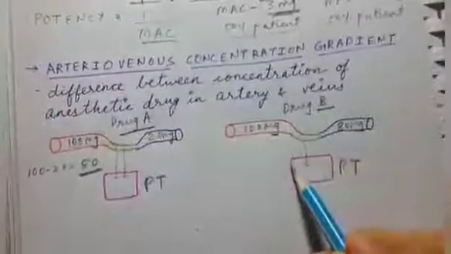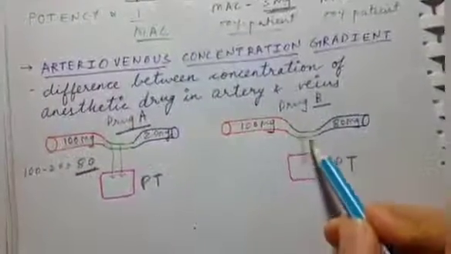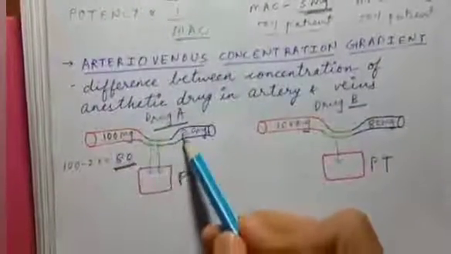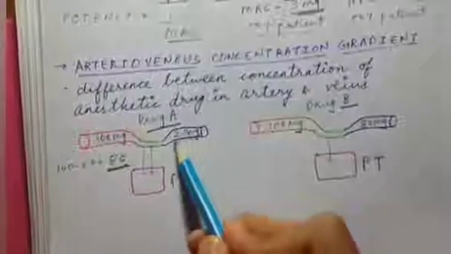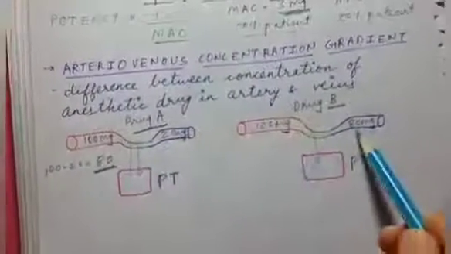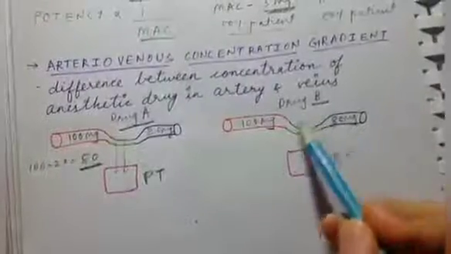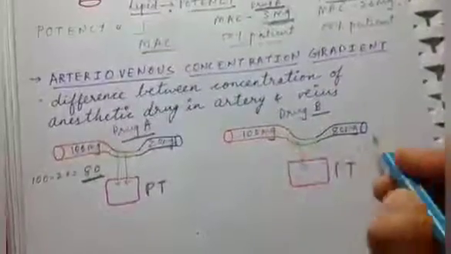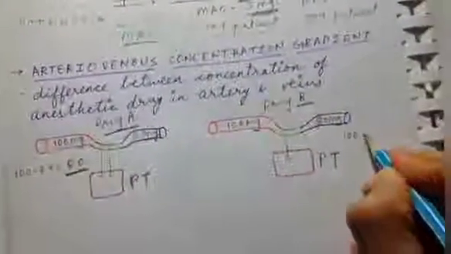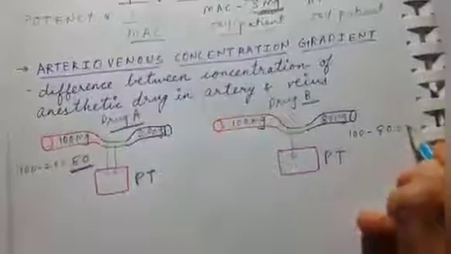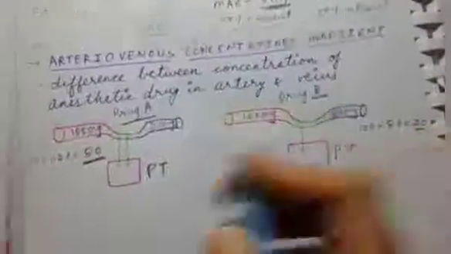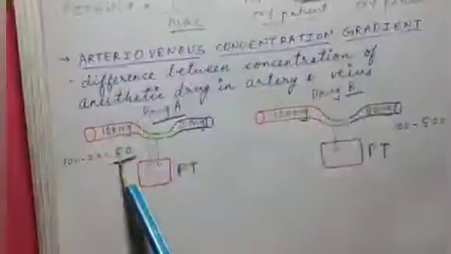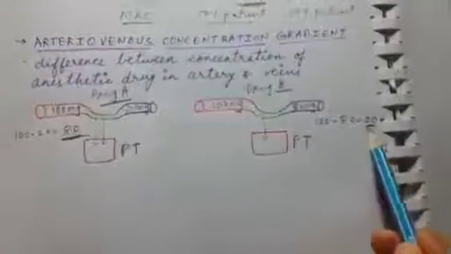It means that the peripheral tissue is not taking too much drug from the capillary. In the first case, the peripheral tissue was taking a lot of drug, that's why on the venous side its concentration was low. Here the concentration remains 80, so the arteriovenous concentration gradient will be 100 minus 80, which is 20. So for drug A the arteriovenous concentration gradient is high, while for drug B it is low.